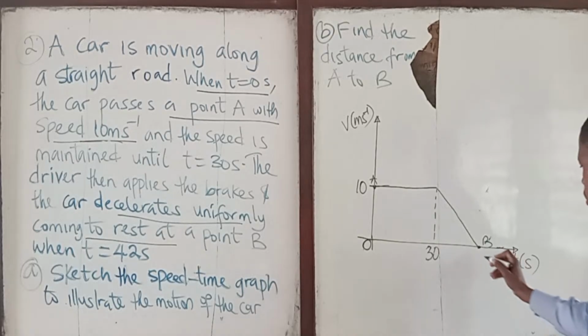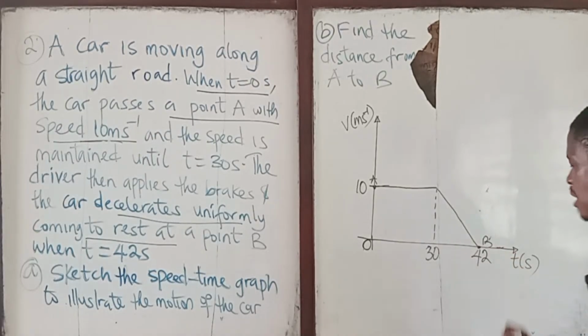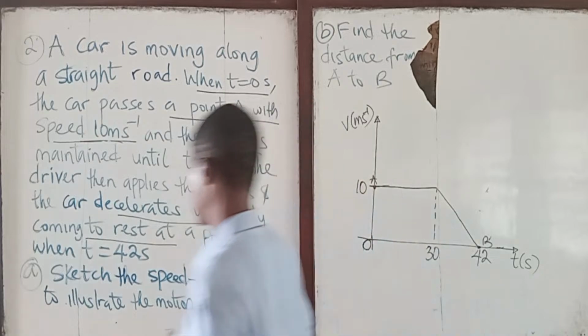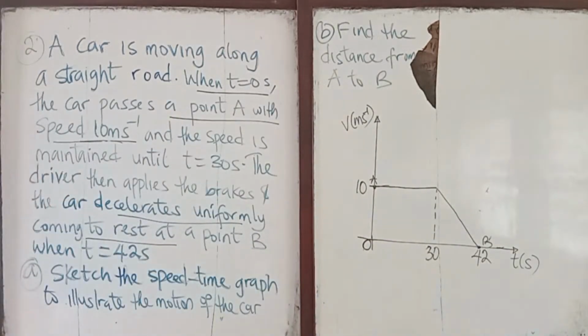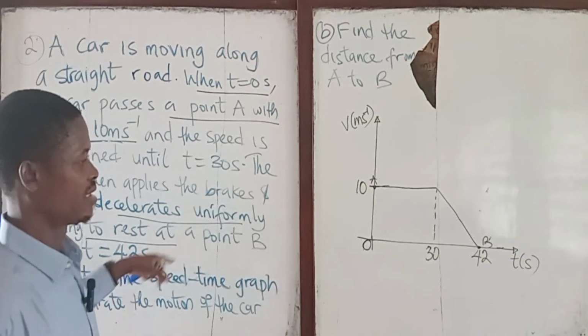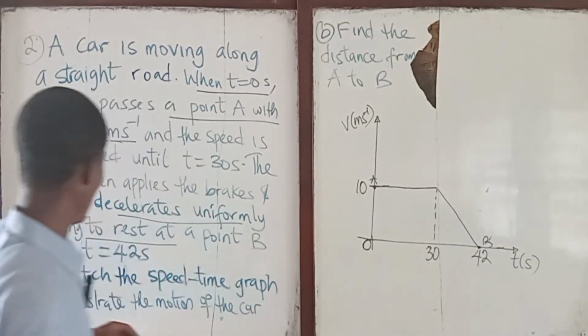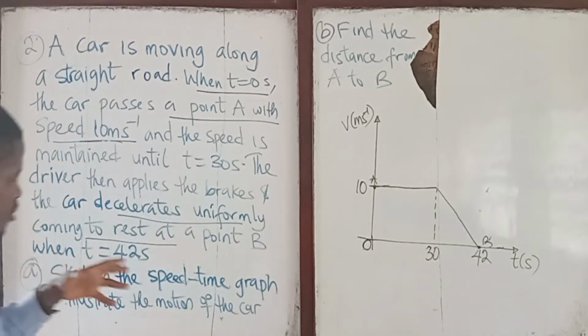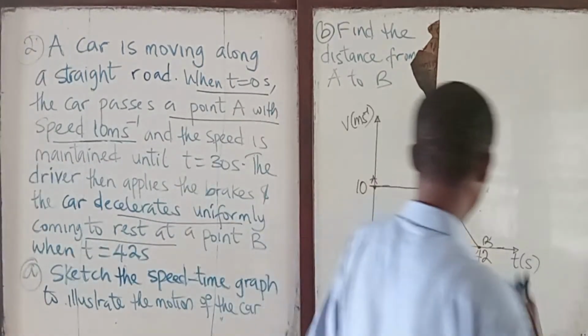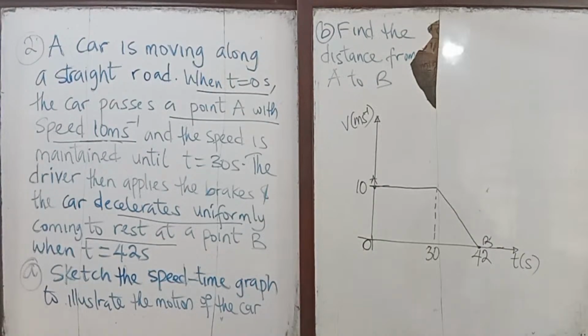So the time is 42 seconds. The car decelerates uniformly, coming to rest at point B when t is 42.